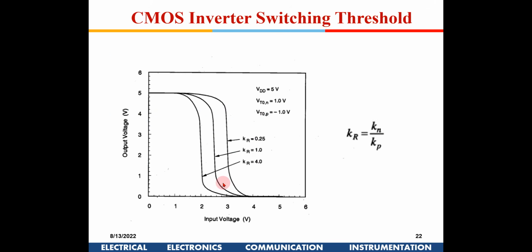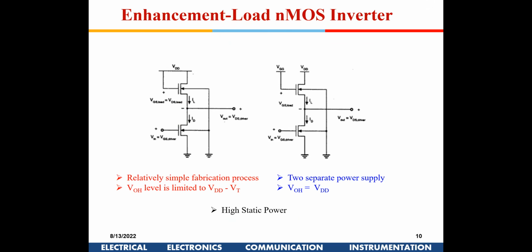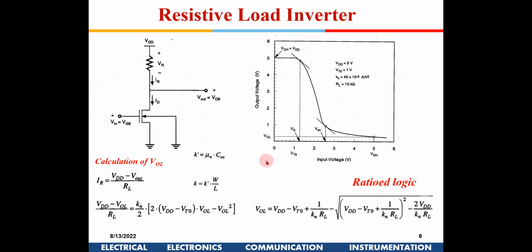Here, static current is not leakage current. Is it understood or is it confusing? When Vin is equal to 1, there is a static current, right?